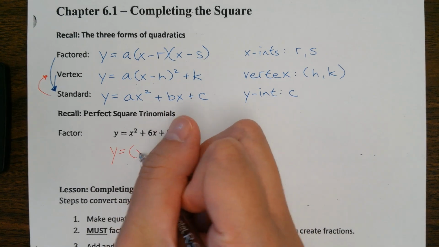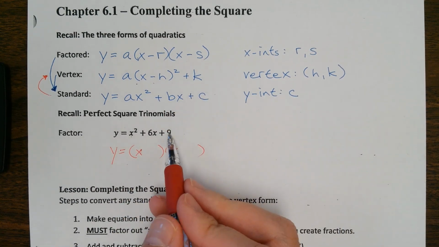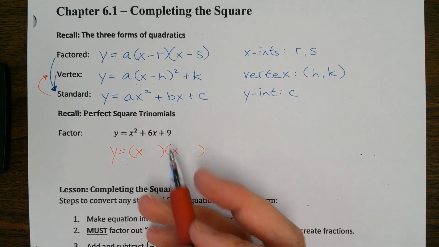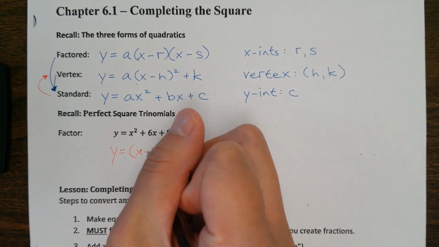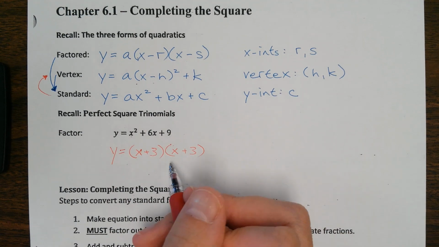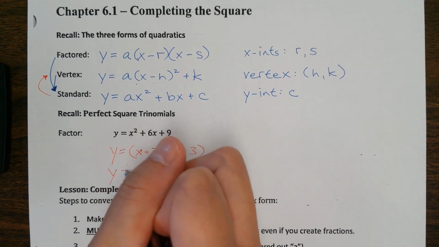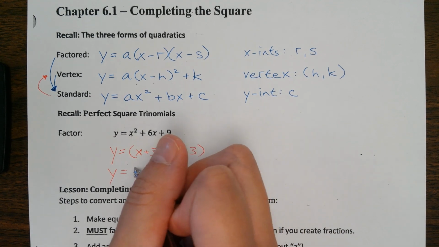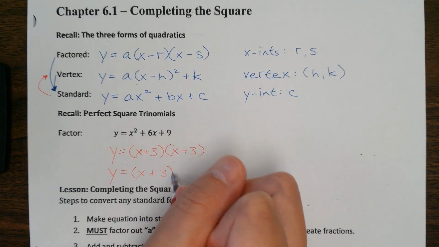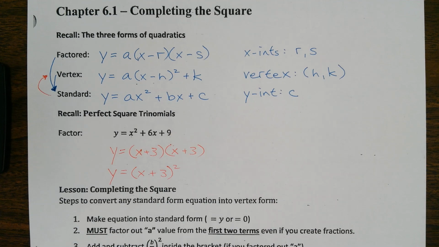So x squared, I can break it into x, and 9 is 3 and 3. Signs are plus, so I have the plus. This simplifies to what? There you go. Perfect, like this, right? Alright.